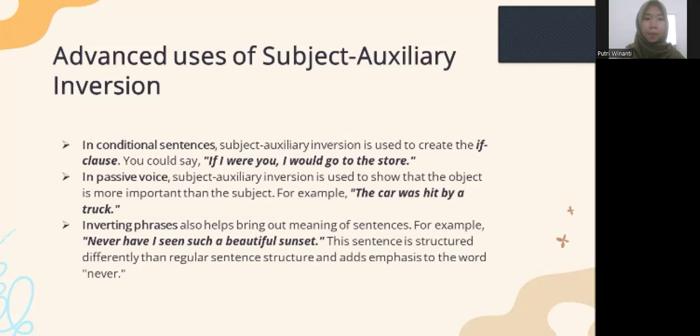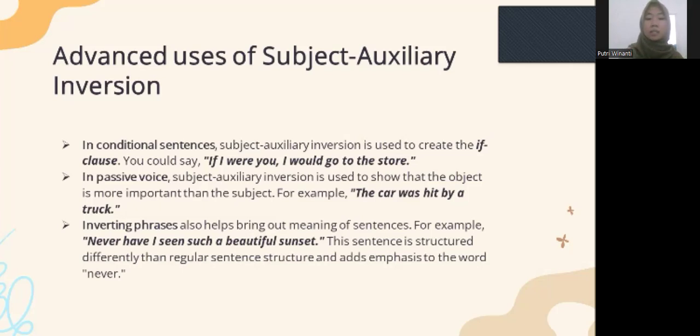The next is advanced uses of subject auxiliary inversion. In addition to asking questions, negations, and emphasis, subject auxiliary inversion is also used in conditional sentences, passive voice, and inverting phrases.